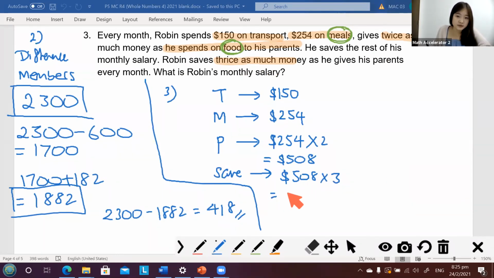1,524. Yes, thank you. So what is Robin's monthly salary? You did all this work already. Then how do we find the monthly salary?